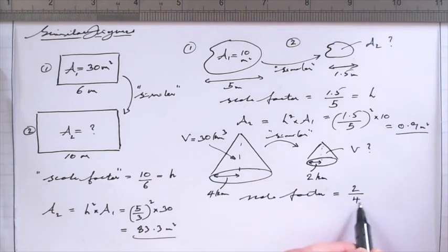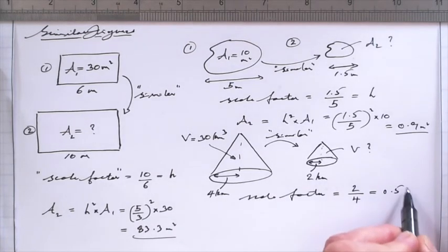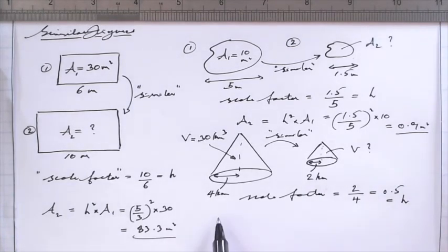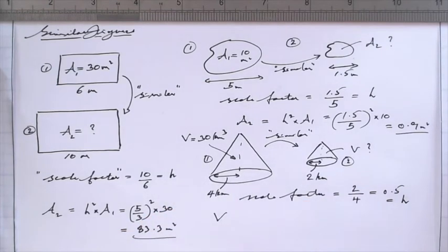So 2 divided by 4, obviously that's just 0.5, and let's call that h again. Now the volume of cone number 2, this is really important now, is h cubed times the volume of cone number 1. So when you're dealing with volumes, you cube the scale factor.